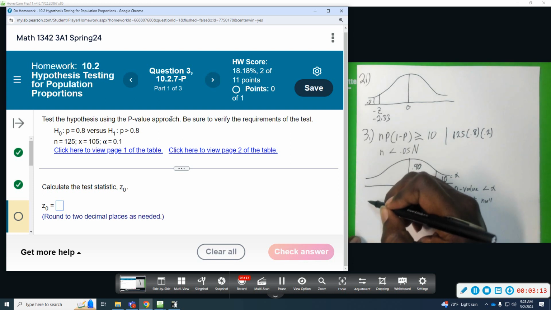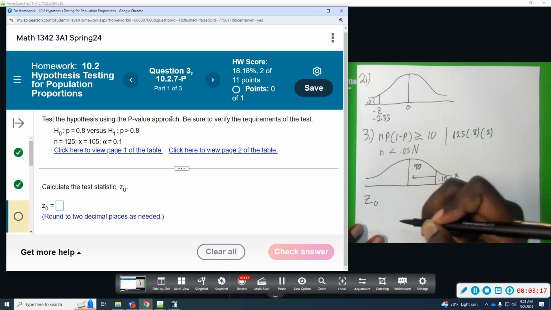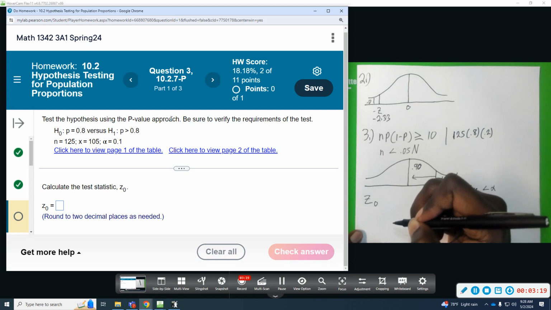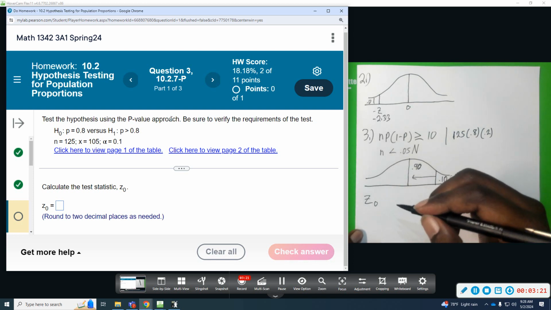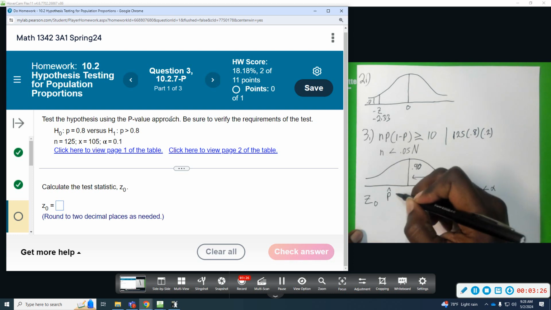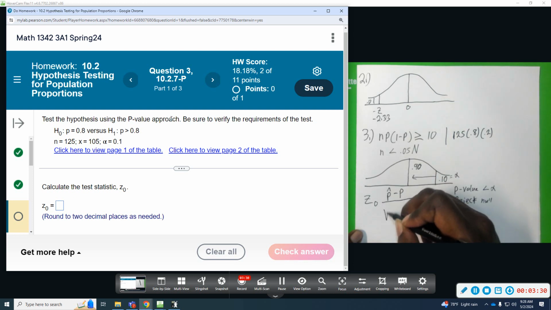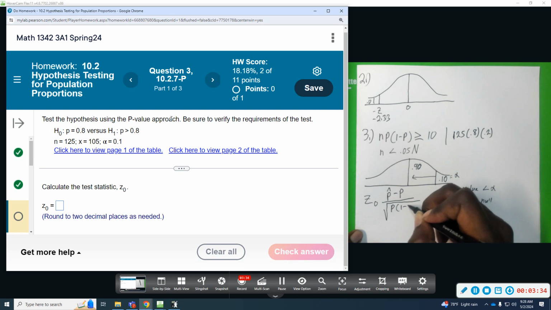So using the Z statistic, this is the test statistic, we would be using the p hat minus p divided by the standard deviation, which is square root of p times 1 minus p divided by n.